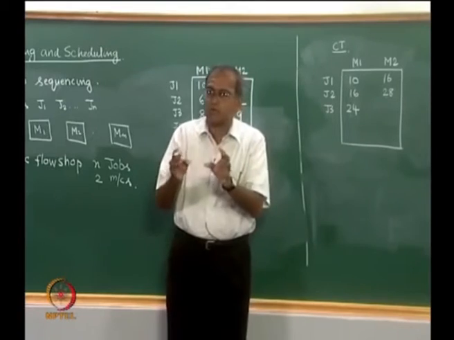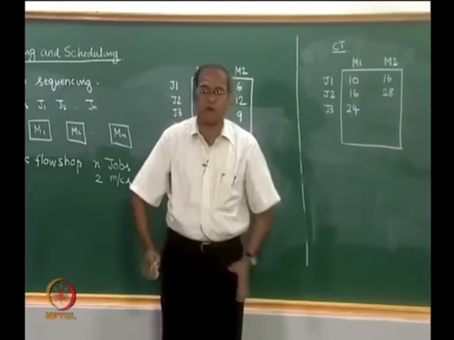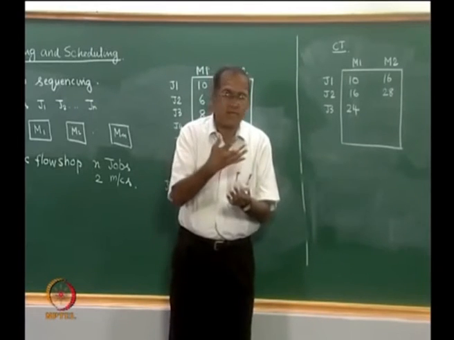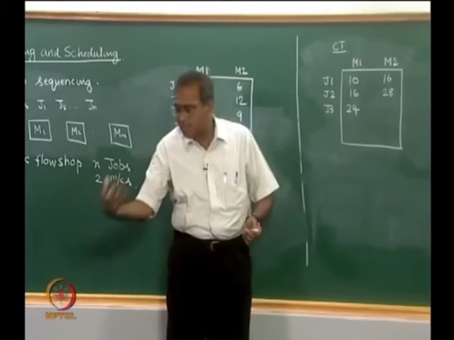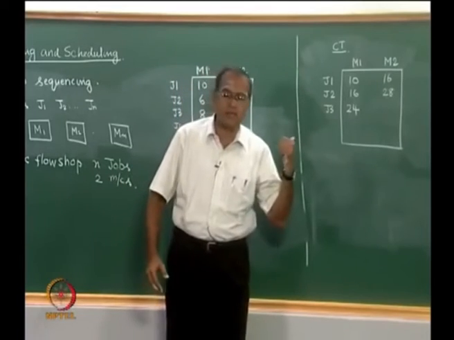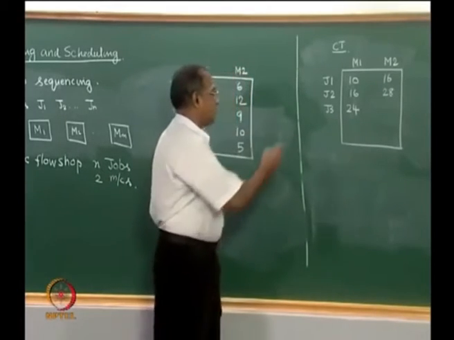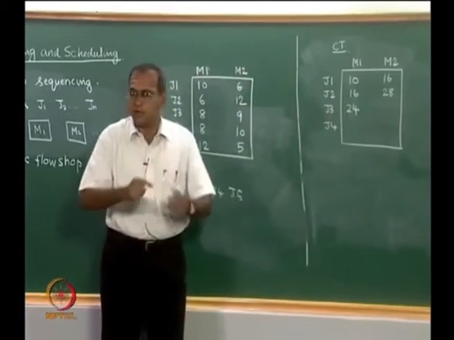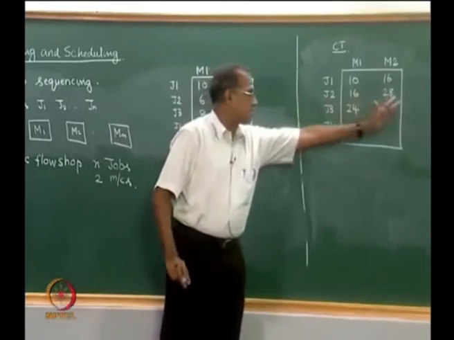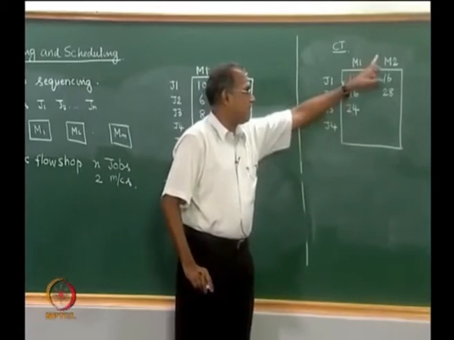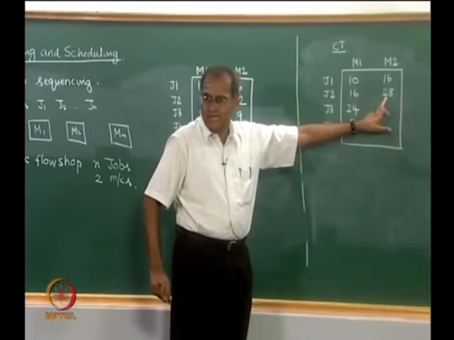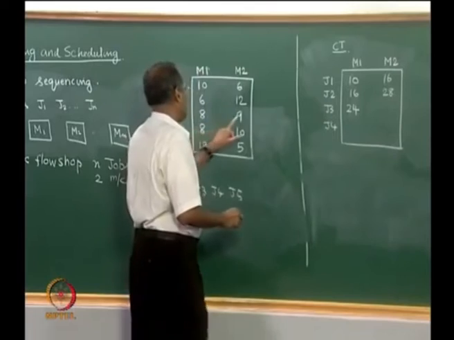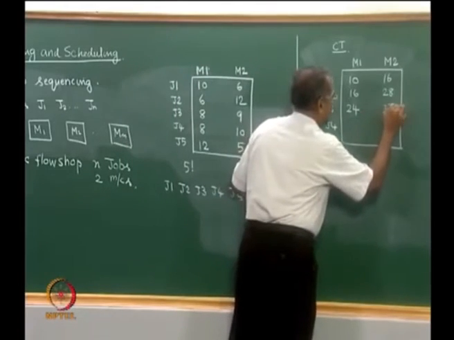So, right now we assume that there is enough space and buffer between M1 and M2, so that the person who is working can take J3 out of M1, keep it in the buffer space and then take up the next job. So, the next job can enter M1 at time equal to 24. But to finish this computation, J3 can take M2 only at time equal to 28. So, at 28 it goes to M2. So, 28 plus 9 is 37.